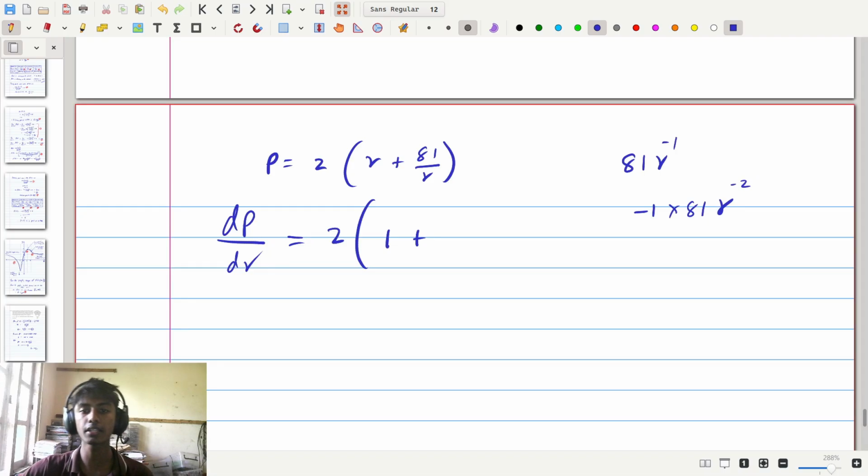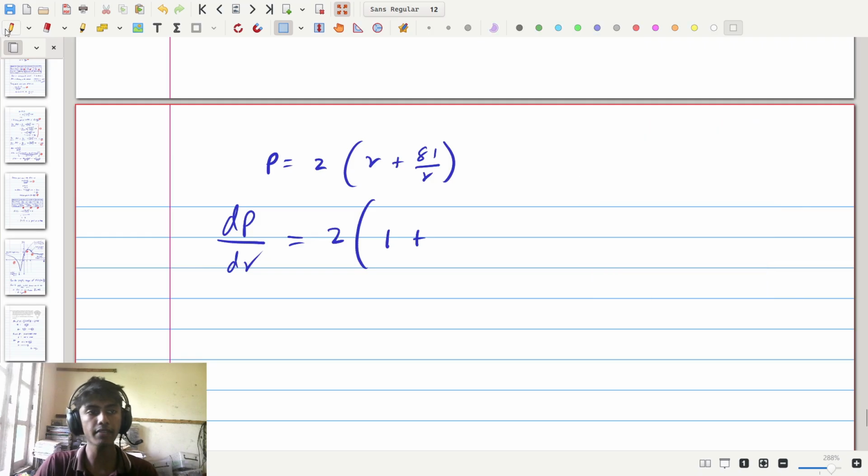And therefore we get minus 81 divided by r squared. So that is the expression of our derivative. If I erase this bit right here, we can write 2 times 1 minus 81 divided by r squared.